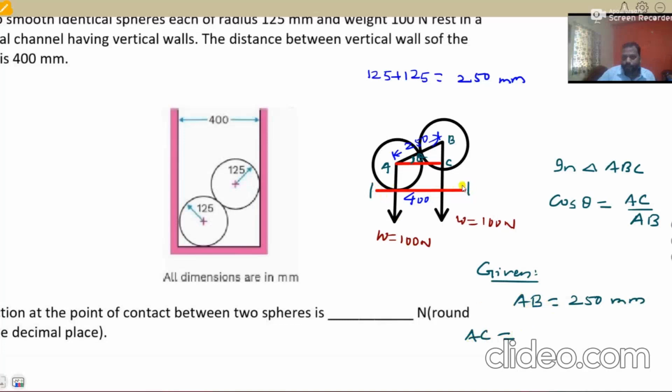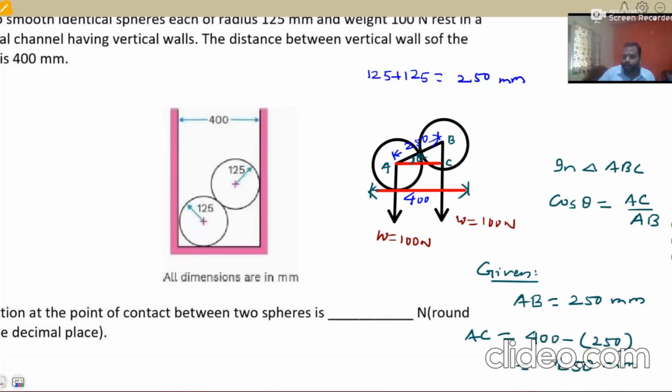This is 400. From here it is 125 and from here it is 125, so together it would be 250. Then AC would be 150 mm.